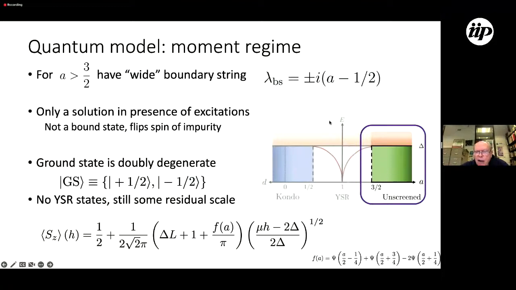So now I have local excitations coupled as plus minus half to the screens, and we have a doublet ground state, plus half and minus half.